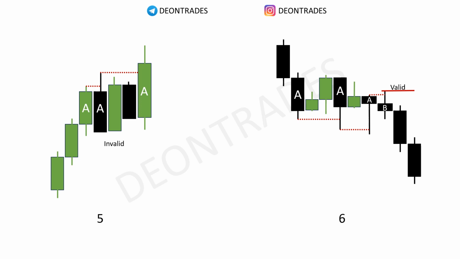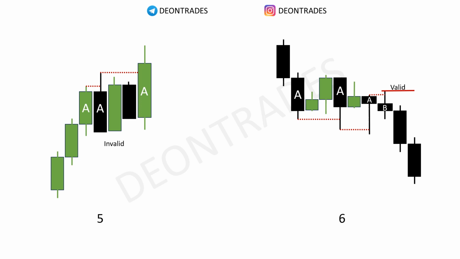Was this candle A's high broken? No, but its low was broken, and the candle that broke candle A's low became the new candle A. Okay, we have a new candle A again. Was this candle A's high broken? Yes.